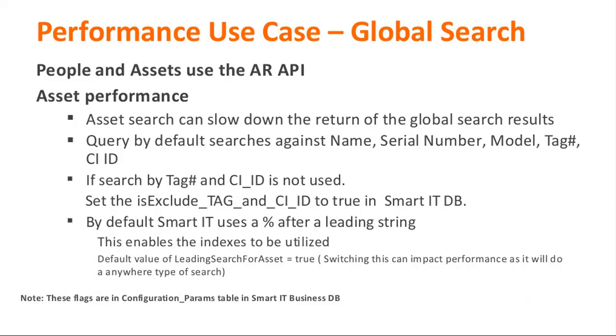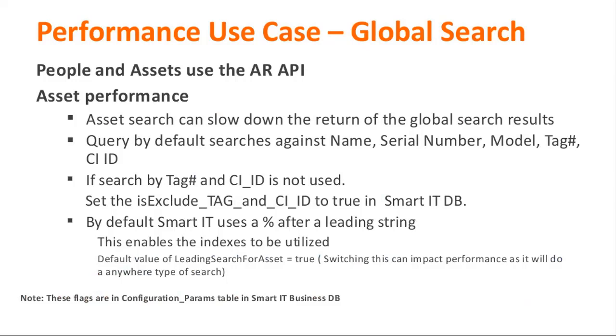People data is returned quite fast. Assets can cause performance issues if the asset area is not tuned and configured as recommended, and this is especially more obvious when you have a large CMDB.